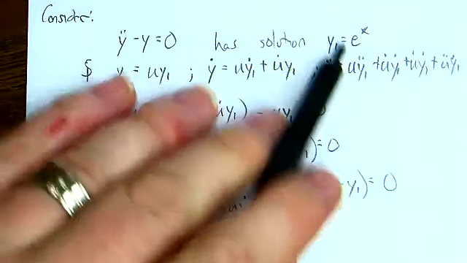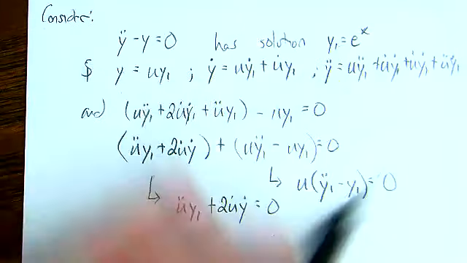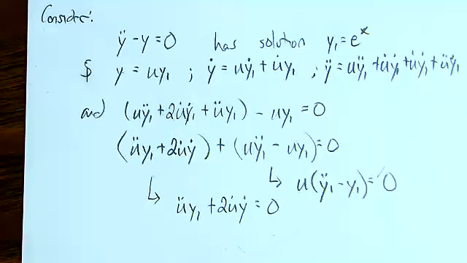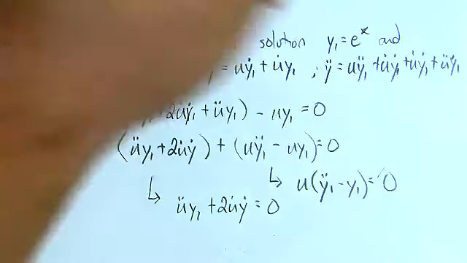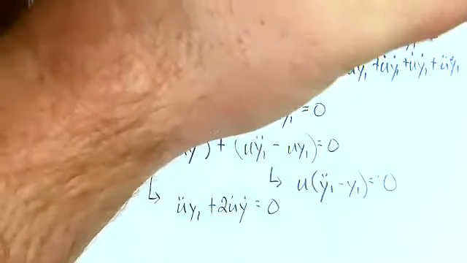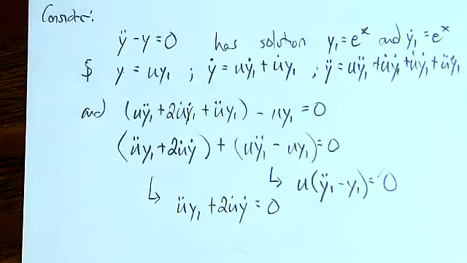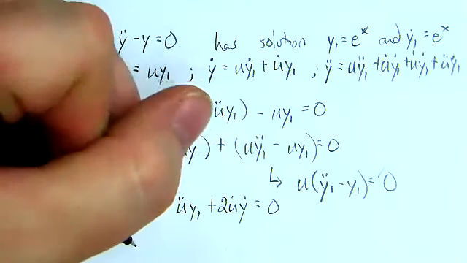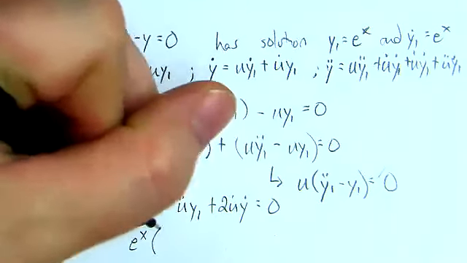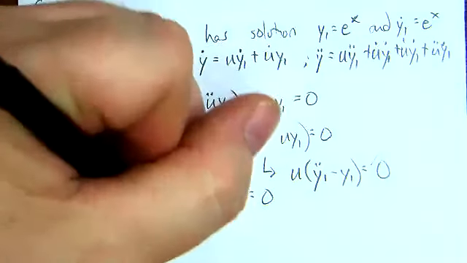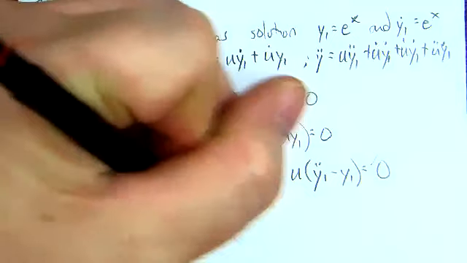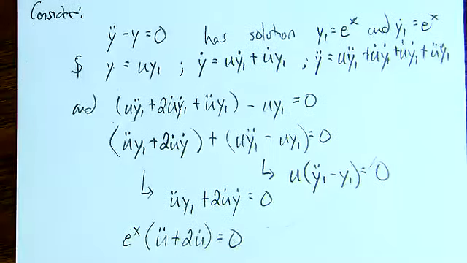Now recall, we know what y1 is. y1 is e to the x, and that means I also know what the derivative is: y1 dot is e to the x. So I can plug this in here and I get e to the x times (u double dot plus 2 u dot) equals 0.